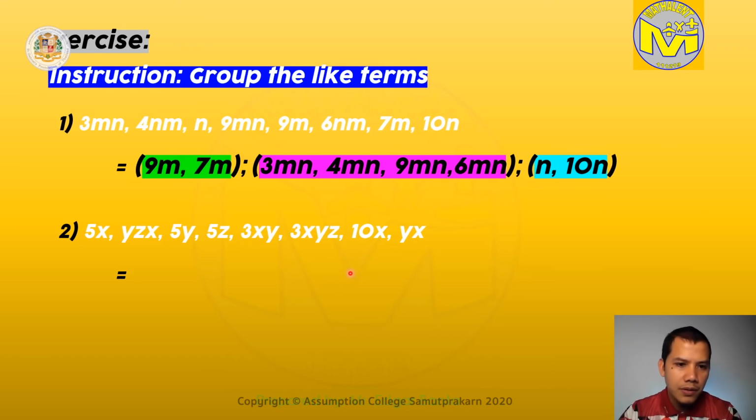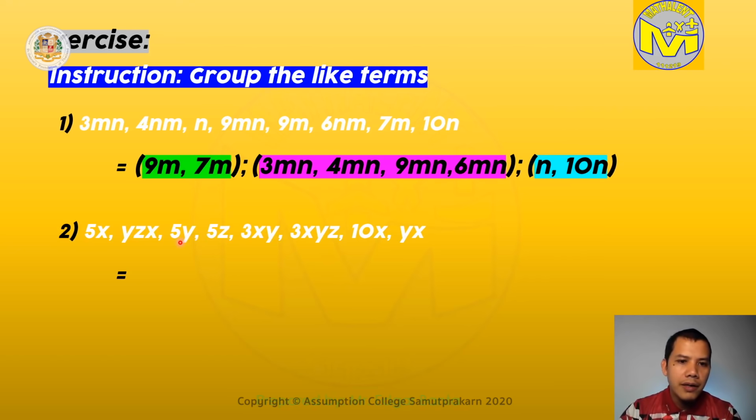Next group, the third group, we have first the X, second group XY, and the third group is what? The XYZ. We have XYZ, YZX, write it XYZ, and comma 3XYZ. That's the third group.